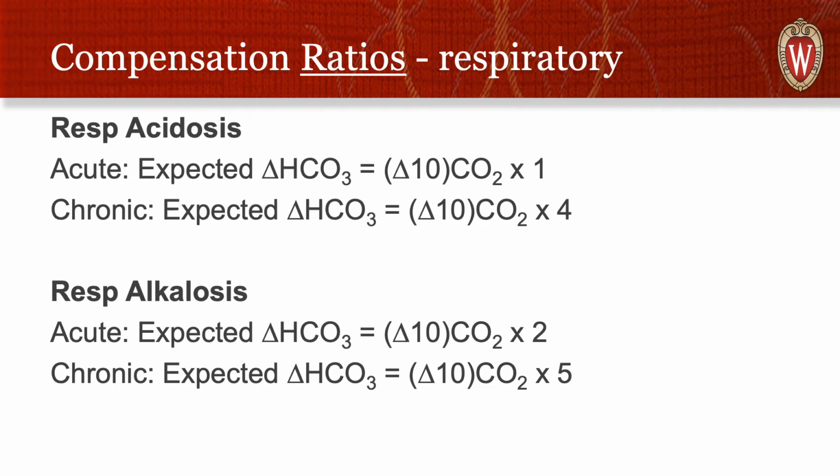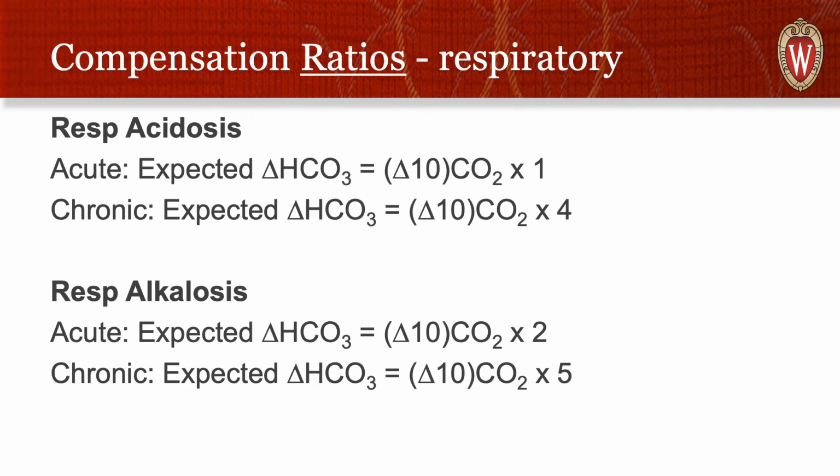For a chronic respiratory acidosis, the expected change in bicarb equals the change in CO2 for every 10 CO2 times 4. In the same example here, if the CO2 is 50, we'd have 1 unit of CO2 up, so 10, and 1 times 4 equals 4, and the expected change in bicarb then is 4.